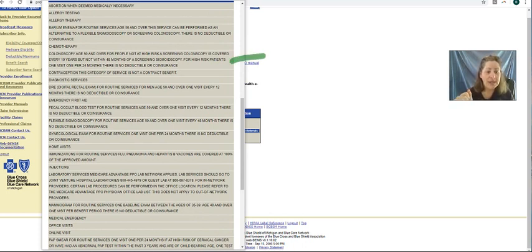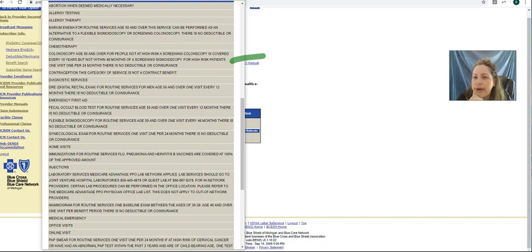Right here, colonoscopy, age 50 and over, for people not at high risk. A screening colonoscopy is covered every 10 years, but for high risk, one every 2 years. Okay, so it depends on what category you're in. How are they going to know you're high risk? Think about that.